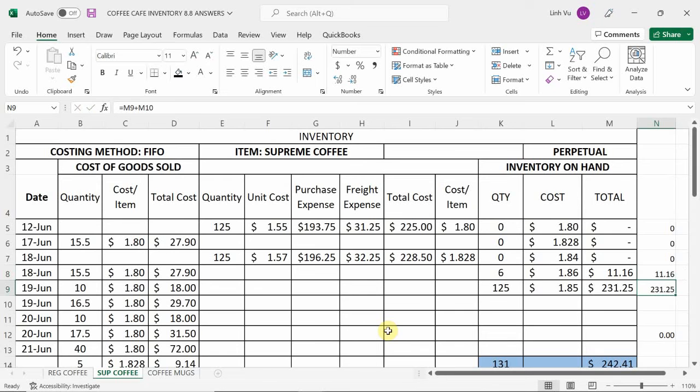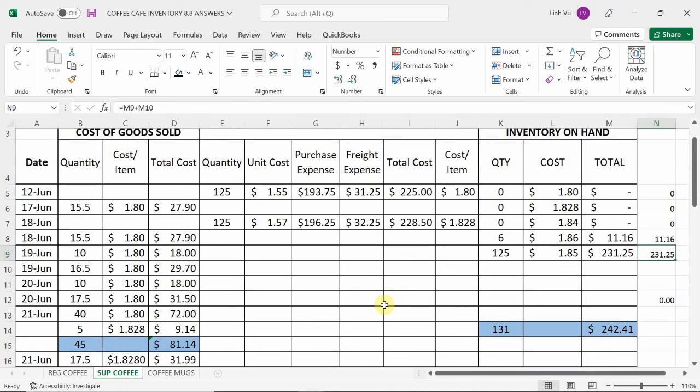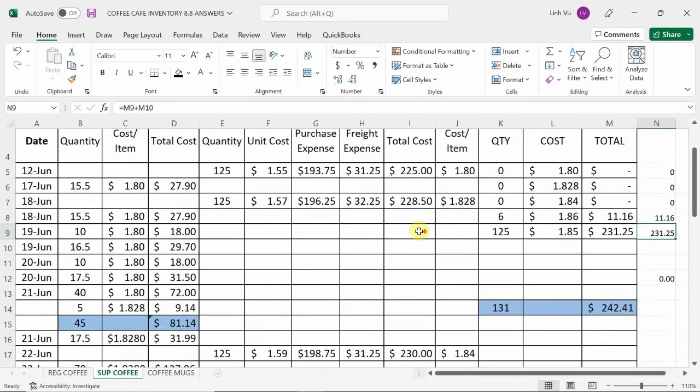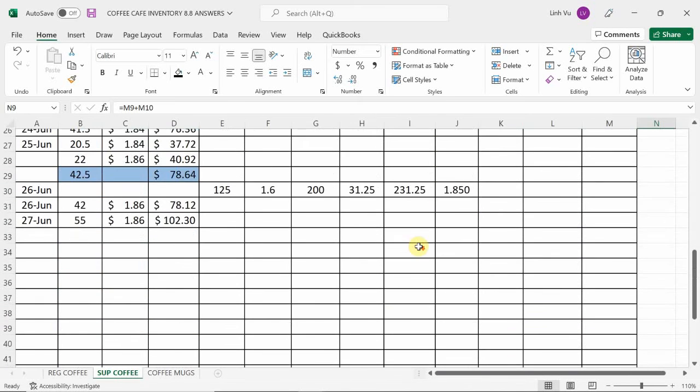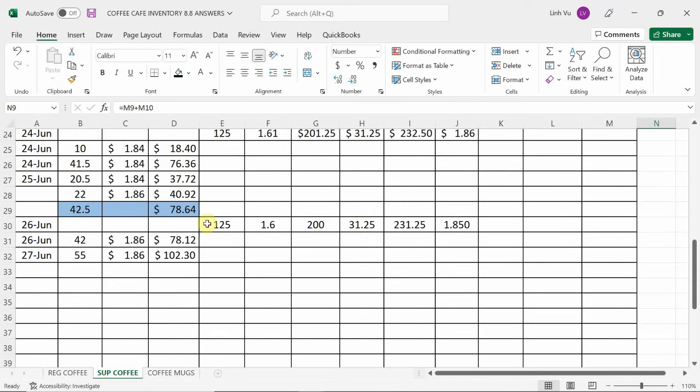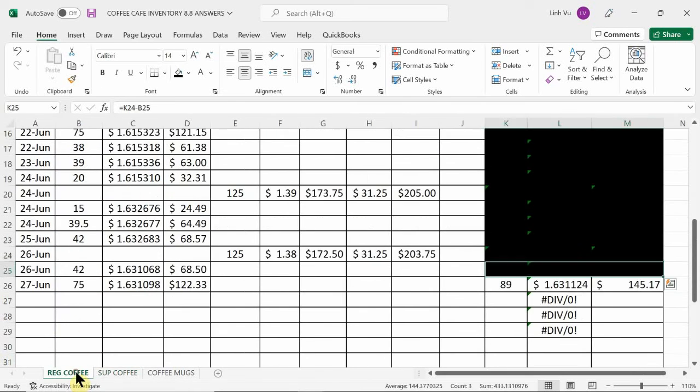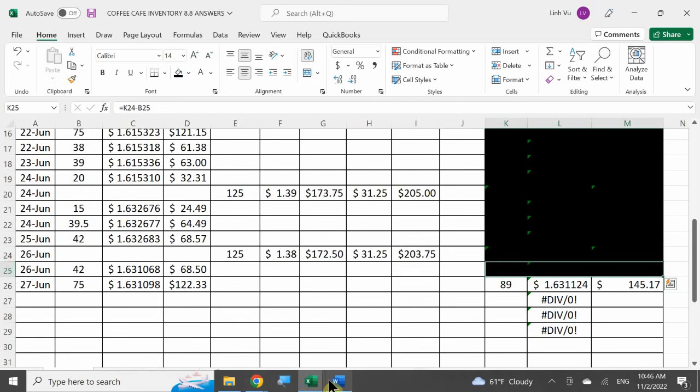All right, so that should leave me with $242.41. Okay. All right, so here I got 102.30 for Supreme, 122.33 for my regular.